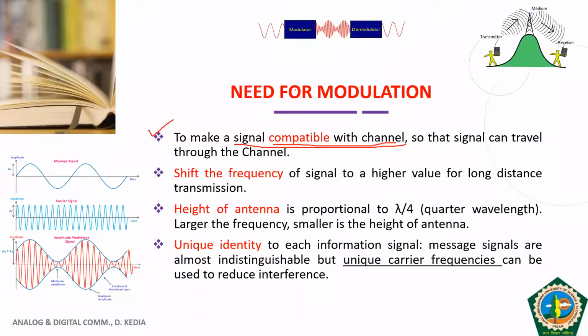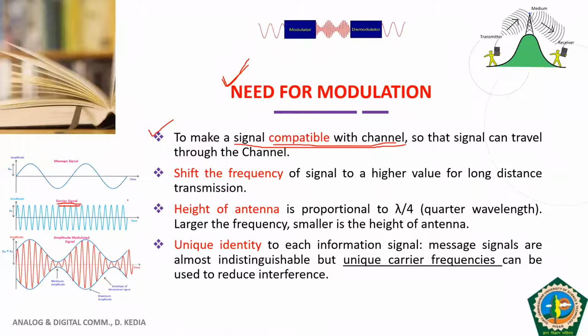This topic is very, very important: why do we need modulation? That is, the need for modulation. First need is to make our signal compatible with the channel. As I told you, when we defined electrical communication or the carrier, I told you that the carrier will be a high frequency signal.